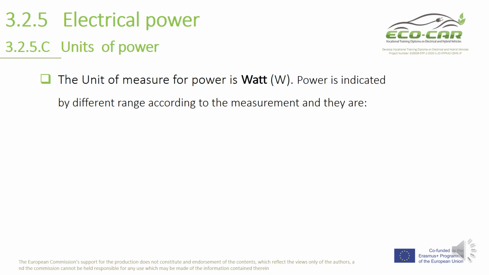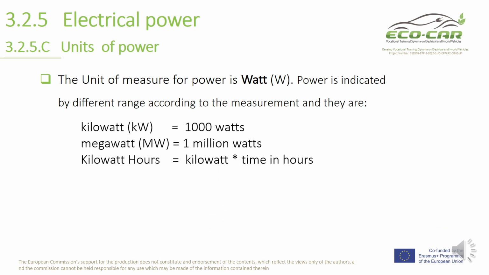Power is indicated by a different range according to the measurement, and they are kilowatt equal 1000 watt, megawatt 1 million watt, kilowatt hours, kilowatt multiplied by time in hours.